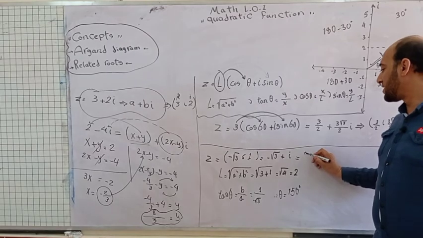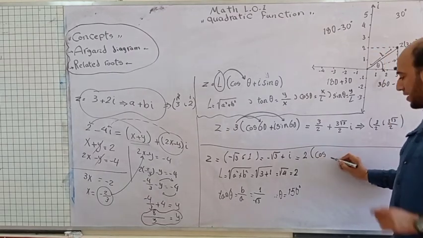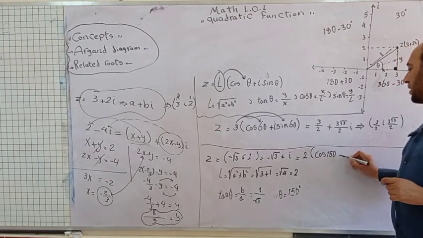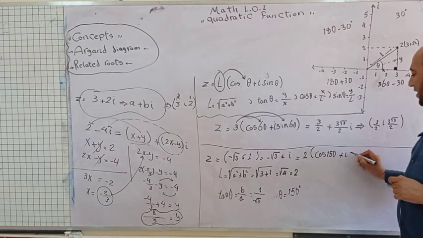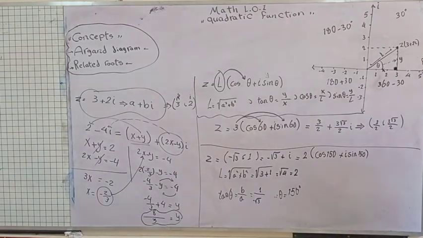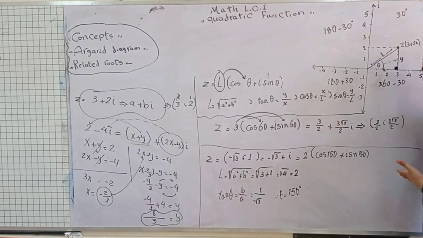The modulus is 2. Here we will write cosine 150 plus i sine 150. Now we have converted from algebraic form to the triangular form.